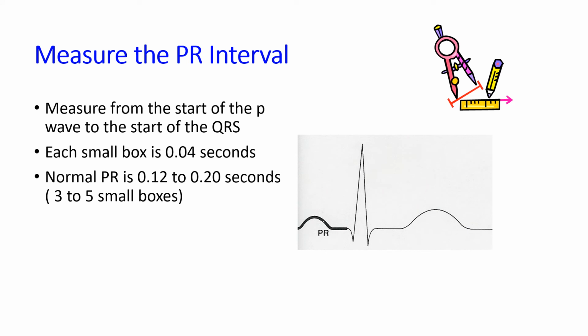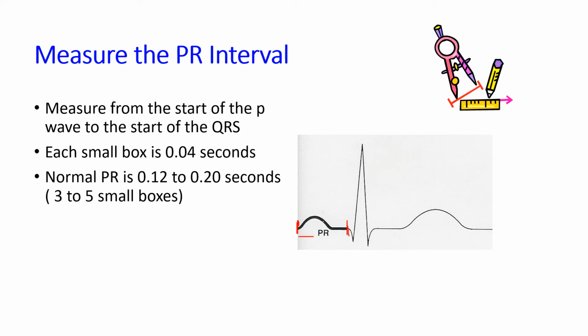So after you have a P wave and you have an R wave, we're going to measure the PR interval. And again, you're measuring from the beginning where the SA node fired, and it goes through the atriums and through the AV node until it gets to the bundles of His. So you're measuring from the very beginning of the P wave, where it starts going up, to where either the Q wave or the R wave starts.